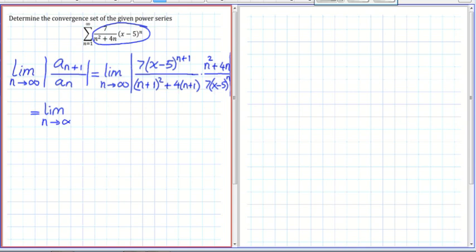And then we have n squared plus 4n over (n plus 1) squared plus 4 times (n plus 1). So we can just say times the limit as n goes to infinity of n squared plus 4n over (n plus 1) squared plus 4 times (n plus 1).